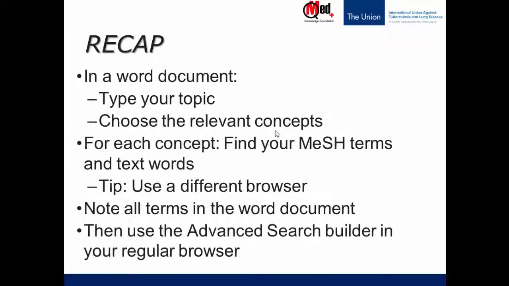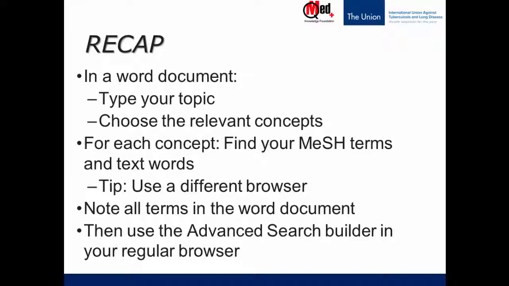We'll do a recap in the Word document. Put down your topic, choose the relevant concepts. In this case, we chose 3: diabetes, tuberculosis, and treatment outcomes. For each concept, we found MeSH terms and text words. Now, one tip is we use a different browser first.